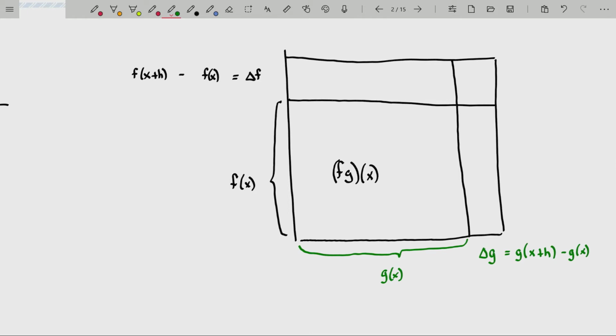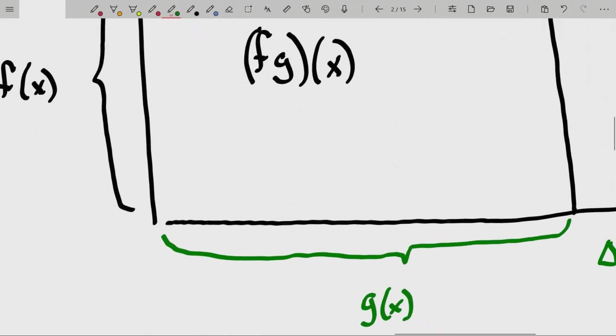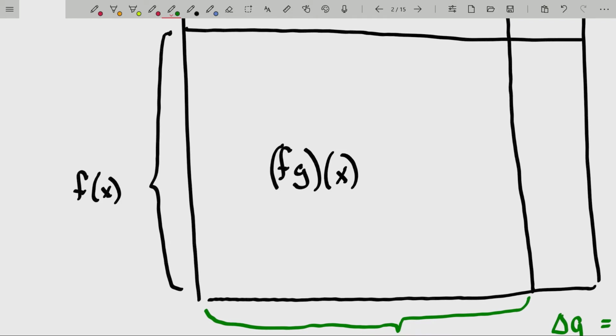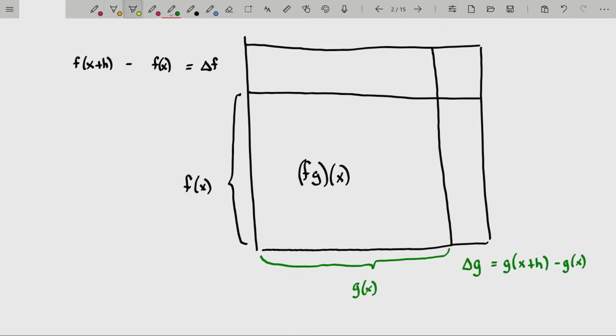Now, before we had this vertical length f and this horizontal length g, and we said, oh, the area of that square is f times g evaluated at x. We can also find the areas of these rectangles right here, this one and this one, using a similar argument. This rectangle right here has a height of delta f and a width of g of x.